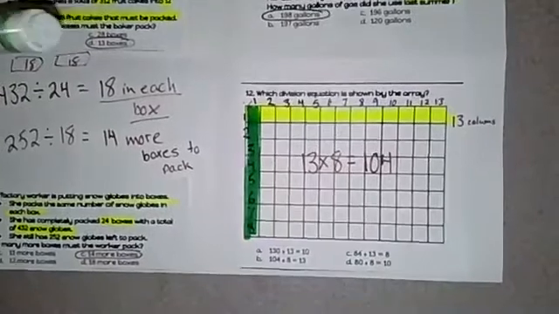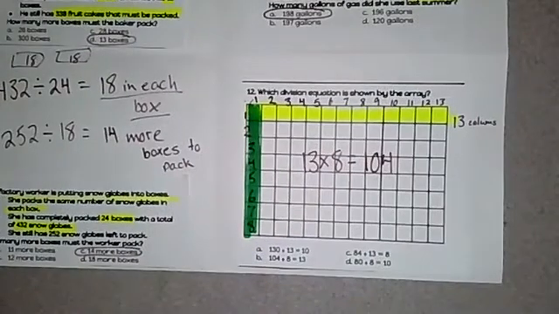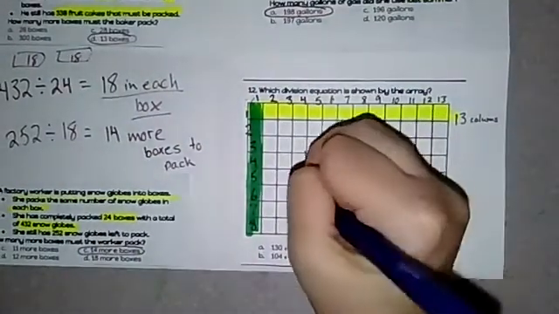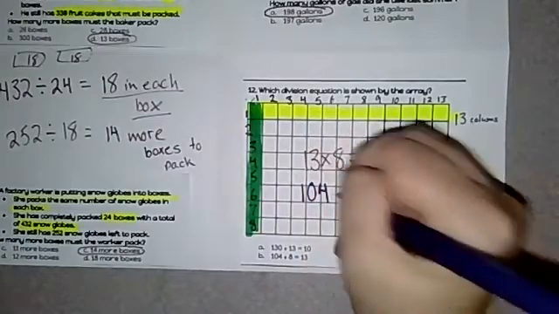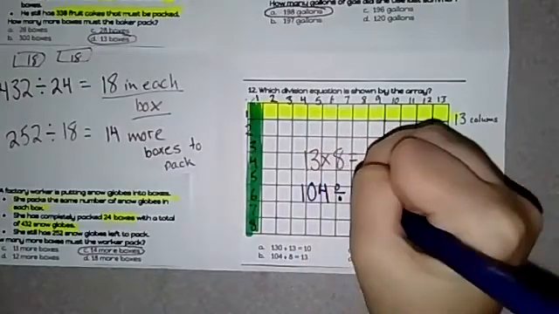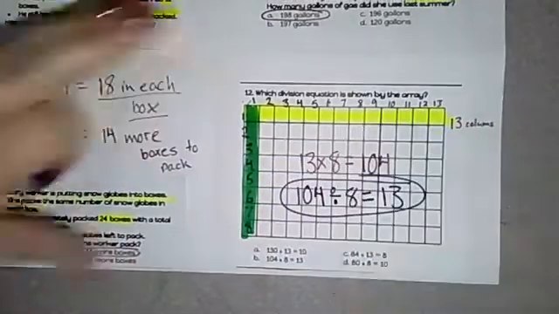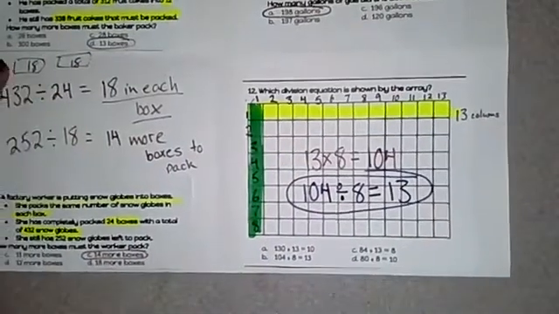104. So you have to turn that into a division problem. So you're just gonna flip it. So what that means is 104 divided by 8 equals 13. Does that make sense?